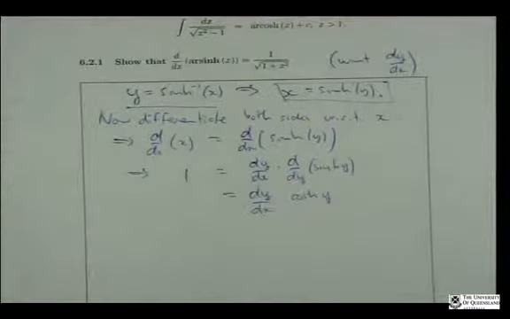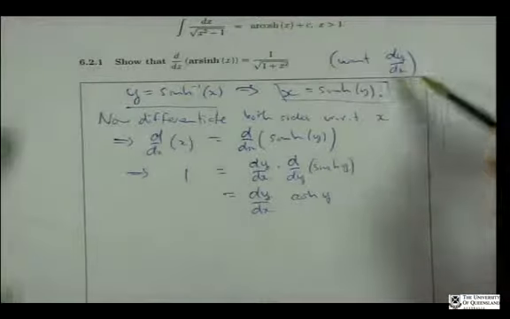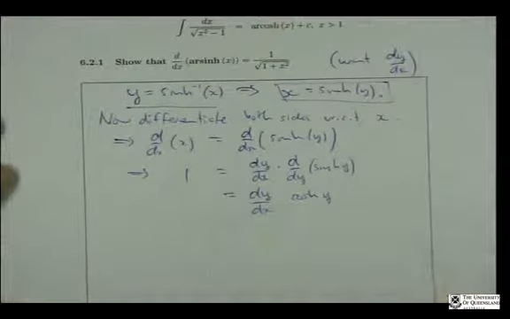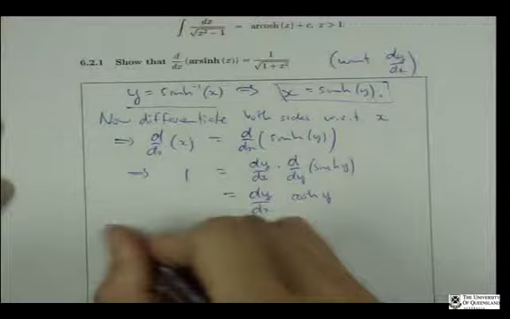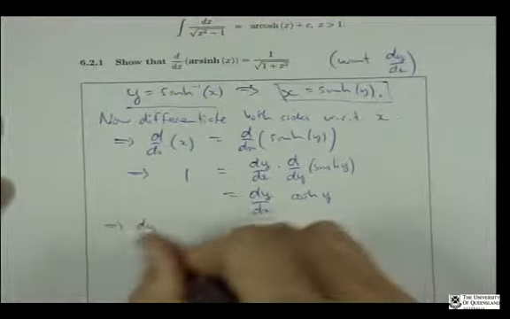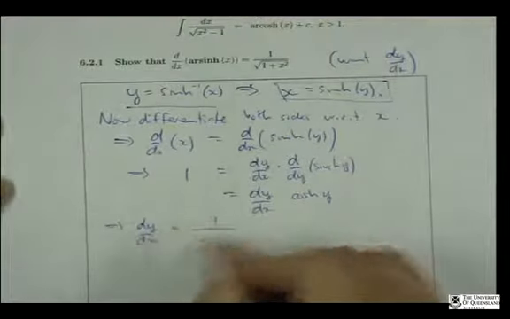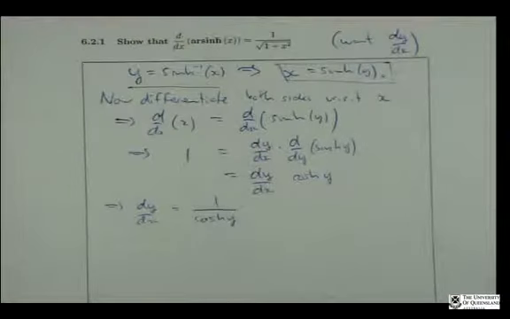We've seen that earlier. Now remember we want dy dx in this calculation, so if I divide through by cosh y, that implies dy dx is 1 over cosh y.